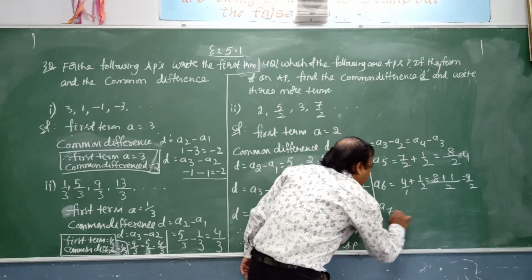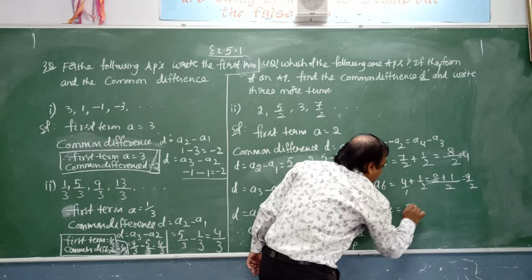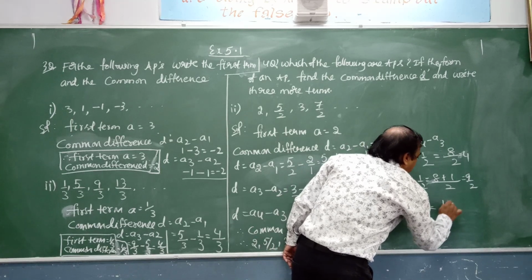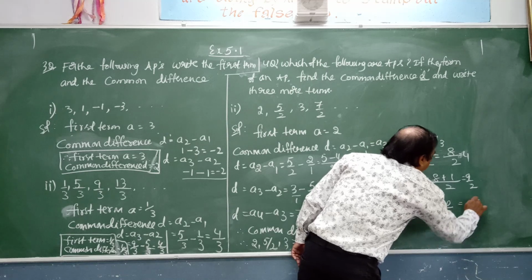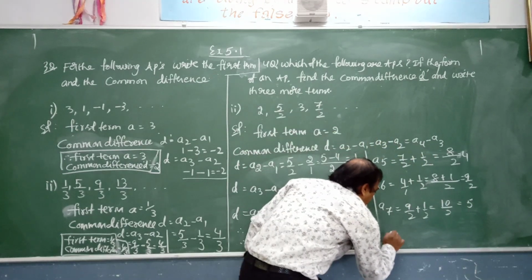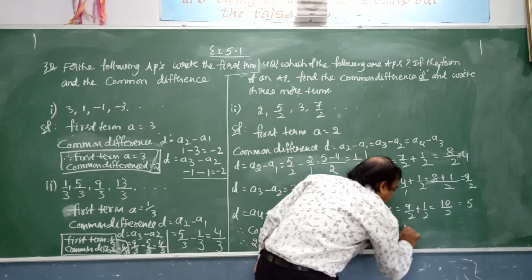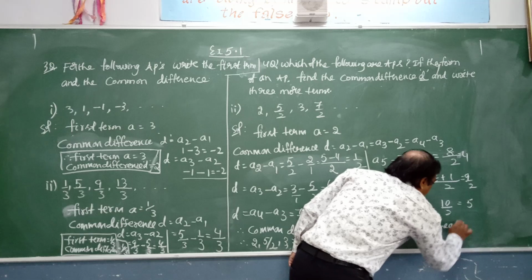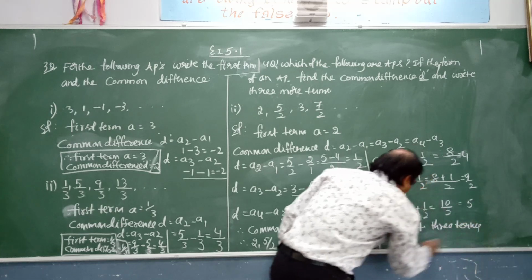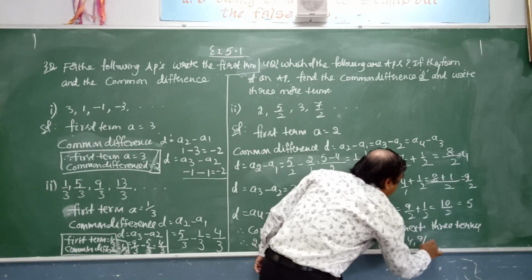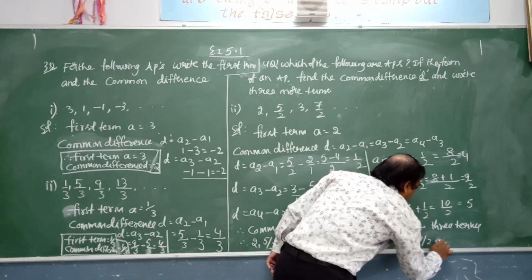Next a7, that is 9 by 2 plus 1 by 2, they are like terms. 9 plus 1 is 10 by 2, which is equal to 5. So the next 3 terms are 4, 9 by 2 and 5.